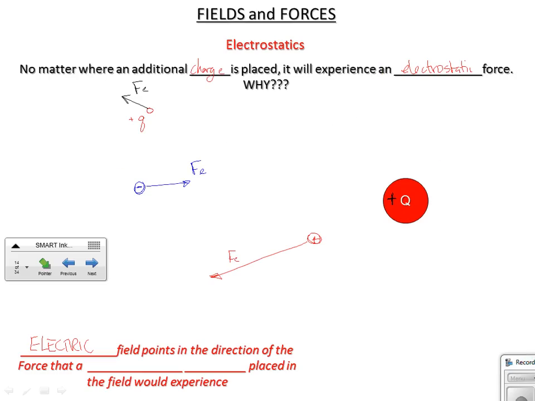Here, we say charge Q creates an electric field that we call capital E in the space around it.